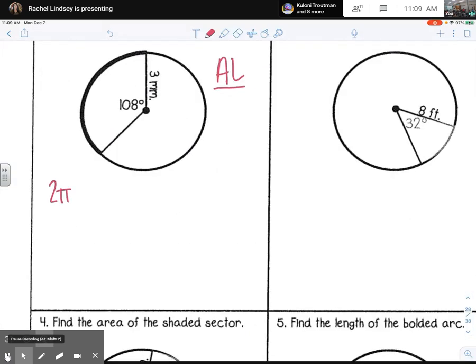So 2 pi times my radius, which is what? 3. Times my angle, 108 over 360. And what do you get?